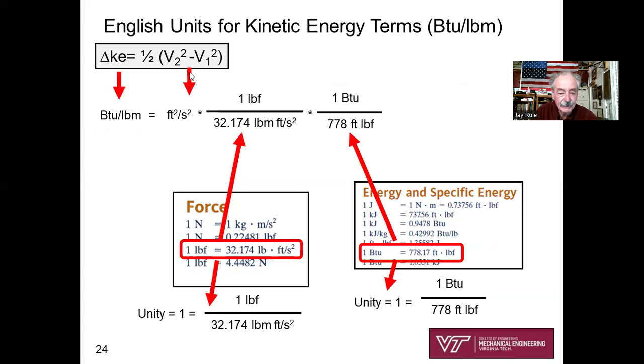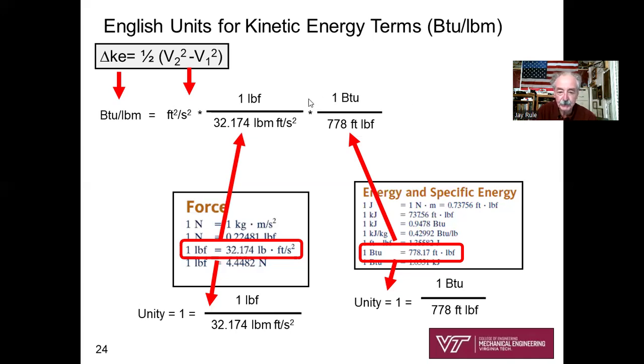With our calculator or in our written work, we've got feet squared per second squared. How do we convert that? We have to go back and leverage our experience and knowledge with the conversion factor page and with this unity trick.